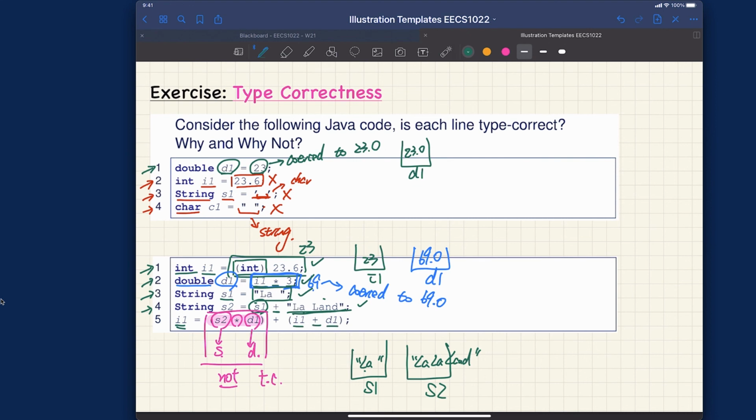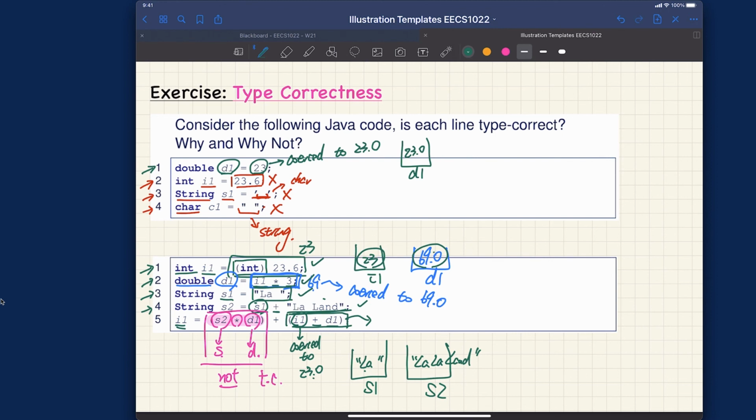By the way, if you try to do this one, let's see just for this subpart what's going to happen. There will be some coercion because I1 is 23. D1 is 69.0. So that means I1 over here is going to be coerced to 23.0. Right? So overall, the addition will be 23.0 plus 69.0.